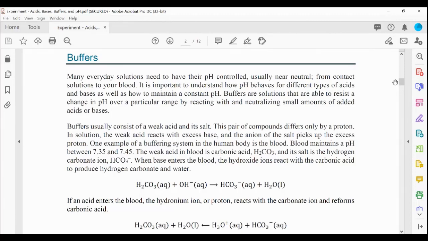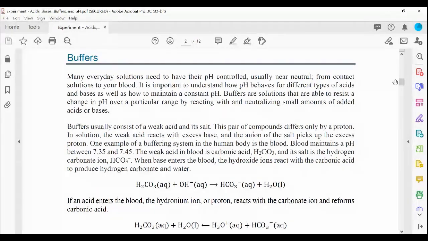They resist a change in pH by neutralizing the acid or the base that we add. So basically, if we are in the presence of a buffer and we add an acid or we add a base, the pH won't change that much. And buffers are very important in everyday life.